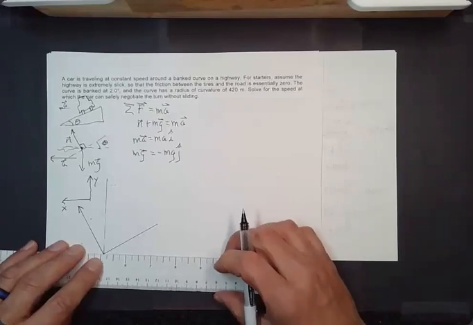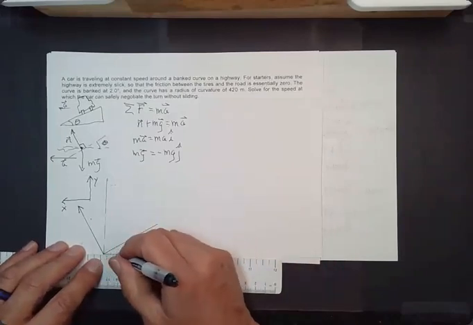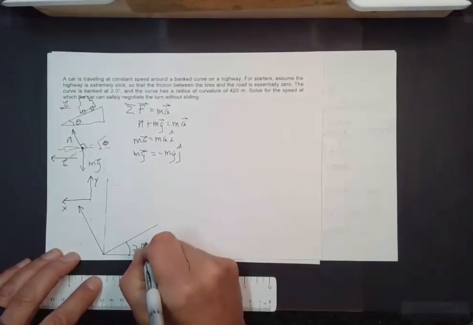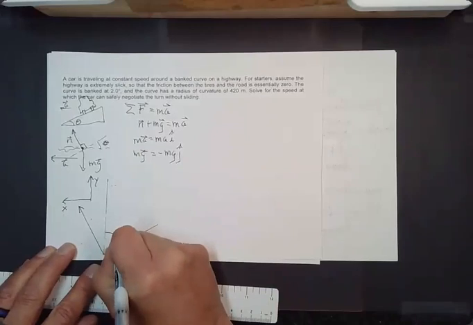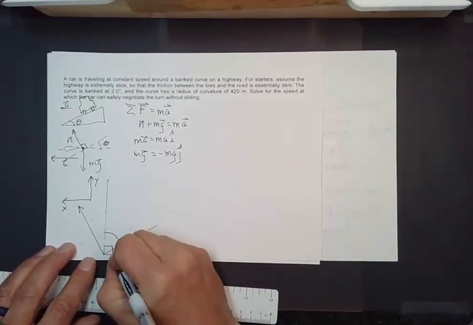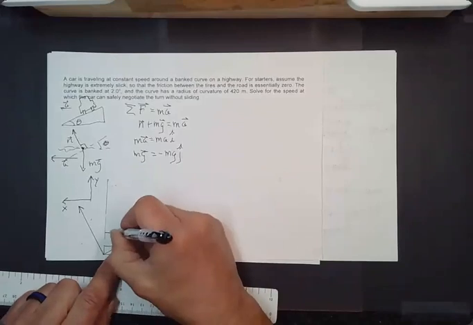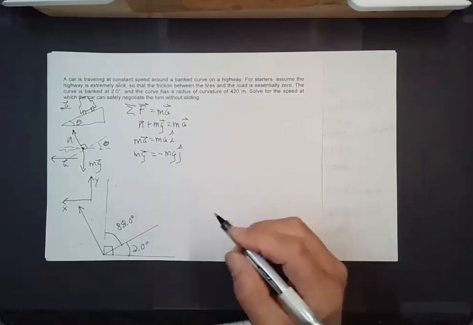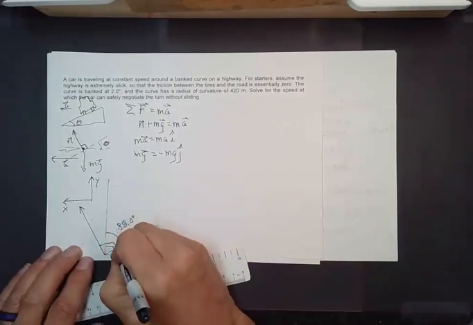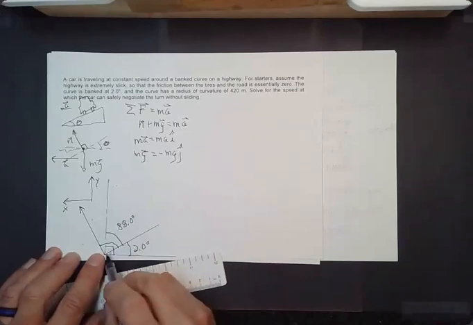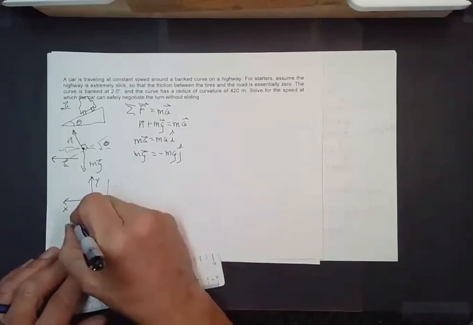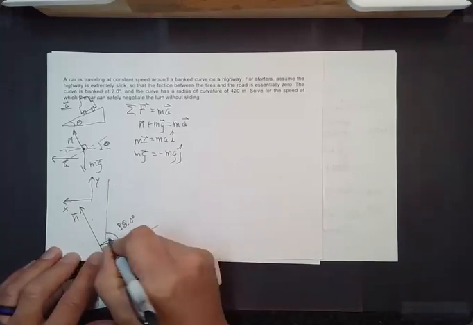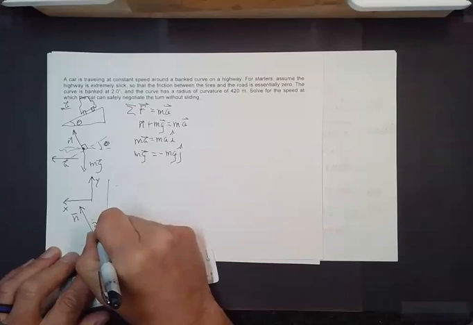It's banked at a 2.0 degree angle, and I know I'm way exaggerating that 2.0 degrees, but that's okay. There's 2.0 degrees. This is a right angle right here, and so this would be 88.0 degrees. And this is also a right angle. This is up the plane. This is the slope of the road. The normal force is perpendicular to that. And that means this is another right angle, which means this is 2.0 degrees.